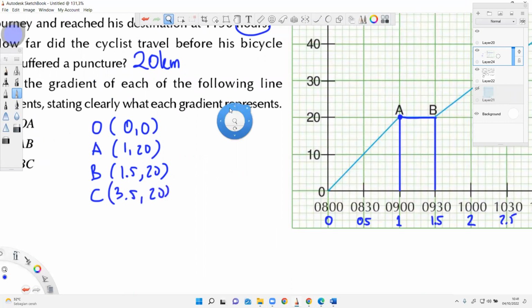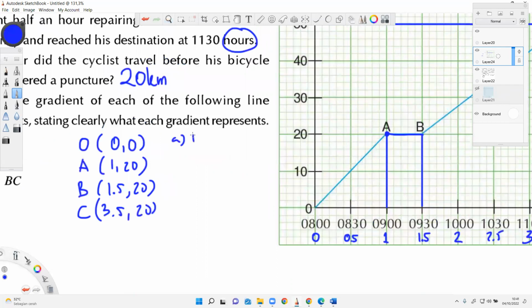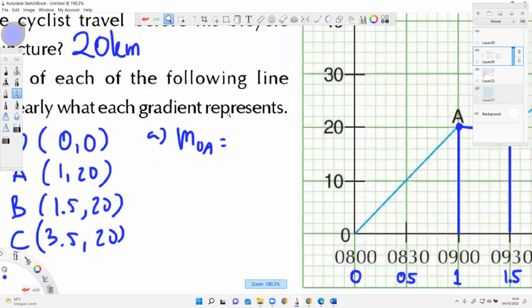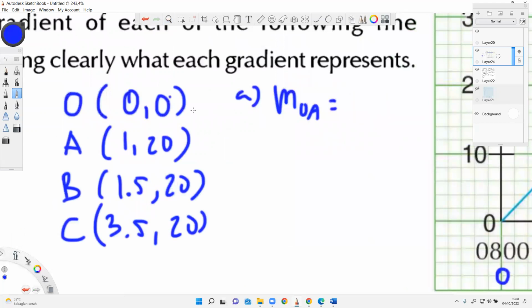And then we find the gradient. Gradient of OA, very simple. Remember the formula of gradient? Y over X, right? Y2 minus Y1, 20 minus 0 over 1 minus 0, right?